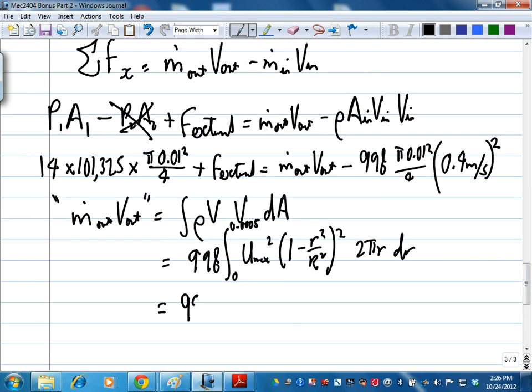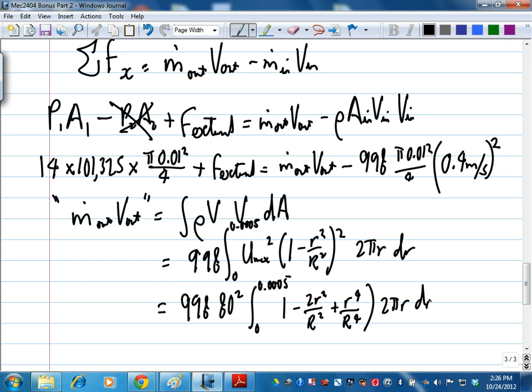Equals 998 times U max squared times the integral from 0 to 0.0005 of 1 squared minus 2 r to the 4 over R, minus 2r squared over R squared, plus r to the 4 over R to the 4, multiplied by 2 pi r dr. Okay?